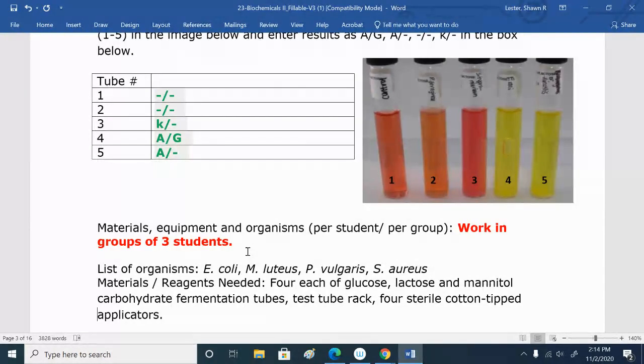Right, they're obligate aerobes. That means they must have oxygen. And what do you know about fermentation? The oxygen isn't the electron acceptor. Right, so fermentation is an anaerobic process. So why would an obligate aerobe be able to perform an anaerobic process? It can't, right? So Micrococcus luteus cannot ferment anything because that's anaerobic. And Micrococcus cannot do anything anaerobic.